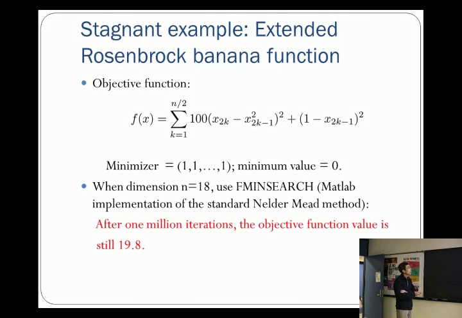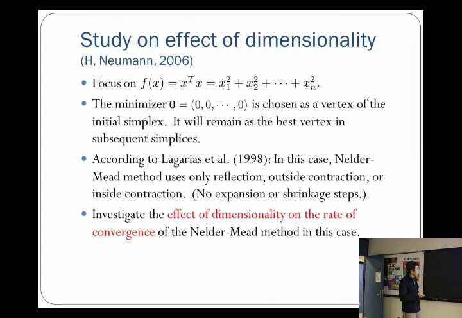After 1 million iterations, the found objective value is still 19.8, very far away from the minimizer, right? So I tried many more iterations. I cannot reduce this much. But this is a stagnant situation, so essentially cannot find the minimizer using the standard Nelder Mead method.